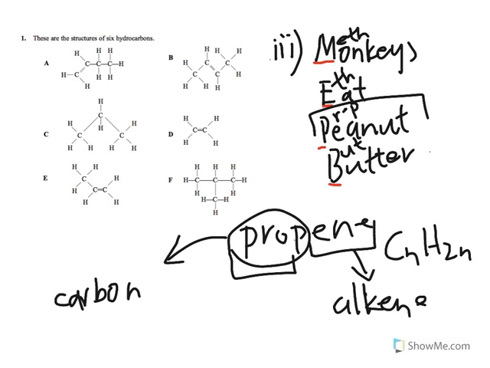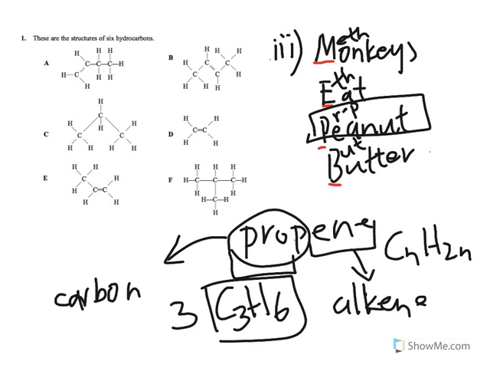Prop is the third one, so there must be 3 carbon atoms, and since it's an alkene it has twice as many hydrogen atoms, so C3H6. Look for the structure with 3 carbons, 6 hydrogens and a single double bond. That answer is E.